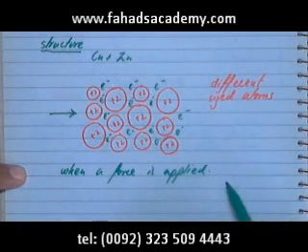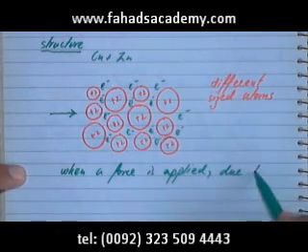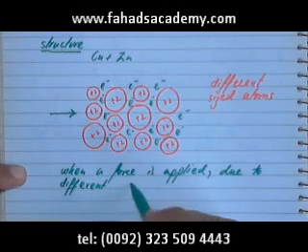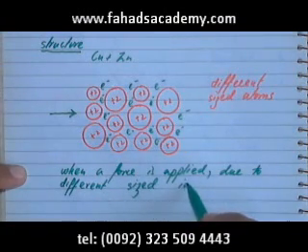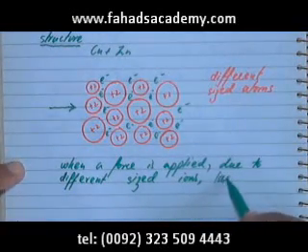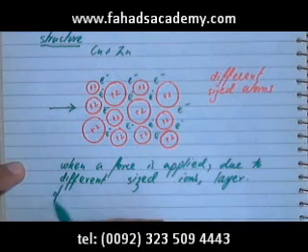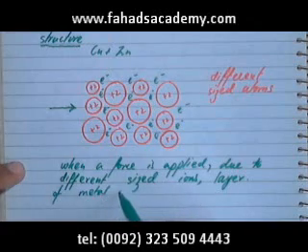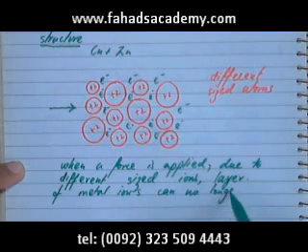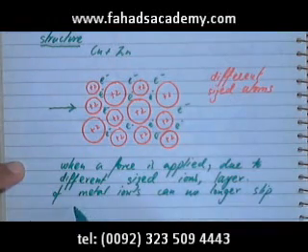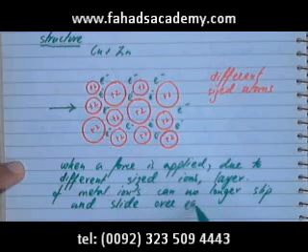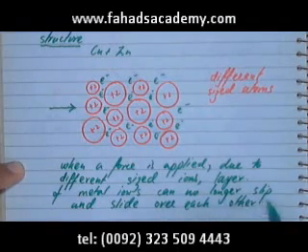Due to different sized atoms or ions, the layers of metal ions can no longer slip and slide over each other.